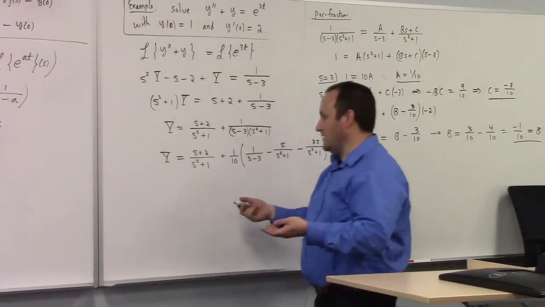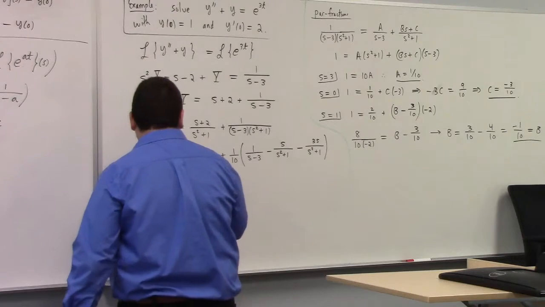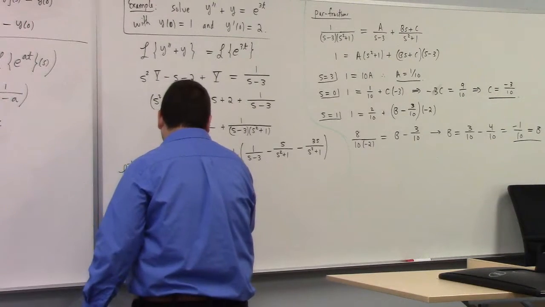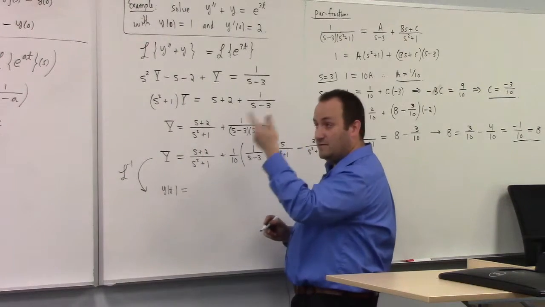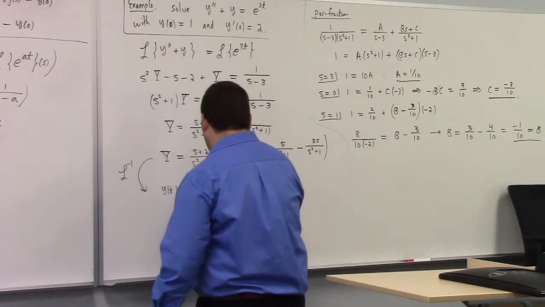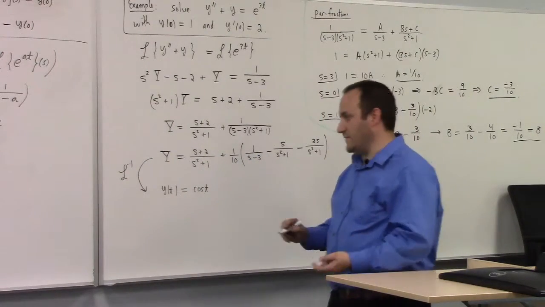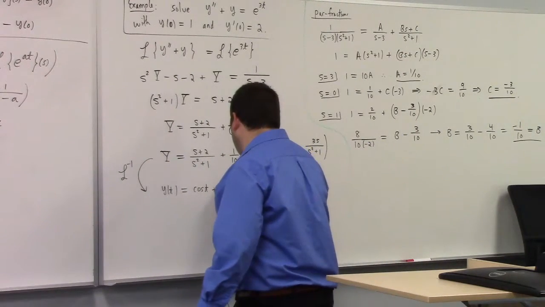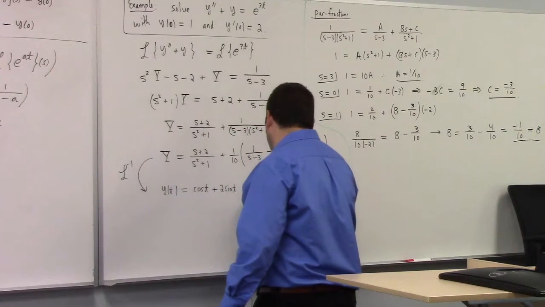So getting to the story, long story short, we take the inverse Laplace transform, and that gives us y of t is equal to, okay, what's the inverse Laplace transform of s over s squared plus 1? It is cosine t. What's the inverse Laplace transform of 2 over s squared plus 1? That's plus 2 sine t. Then you've got plus 1/10.